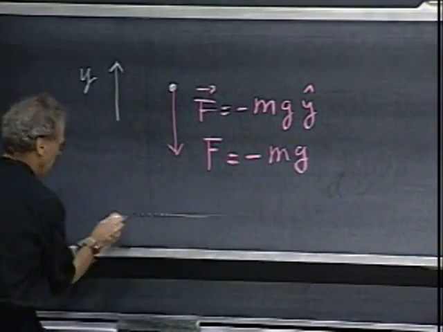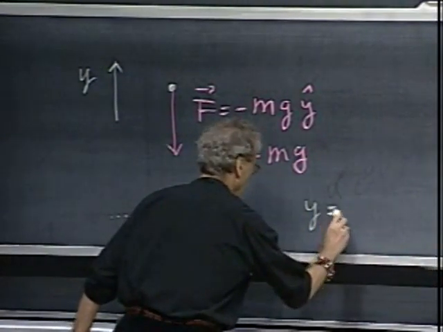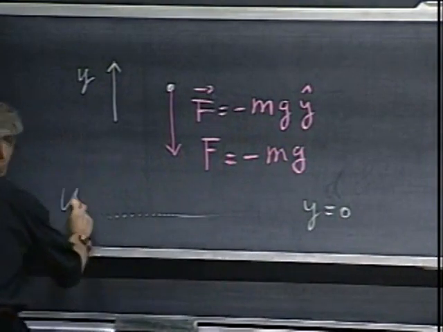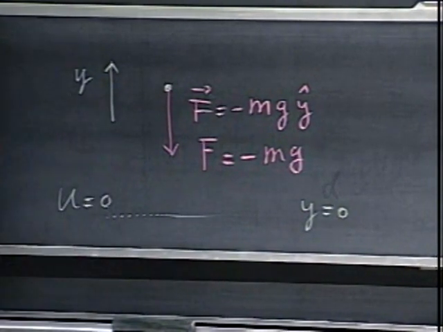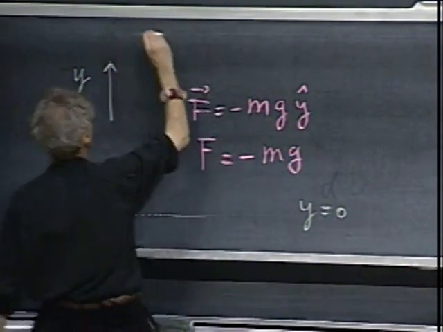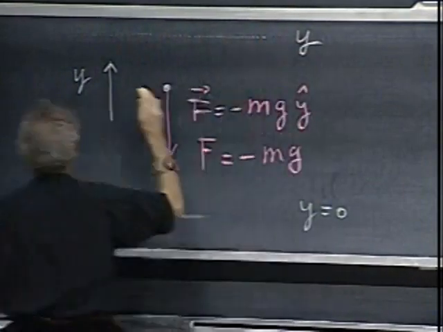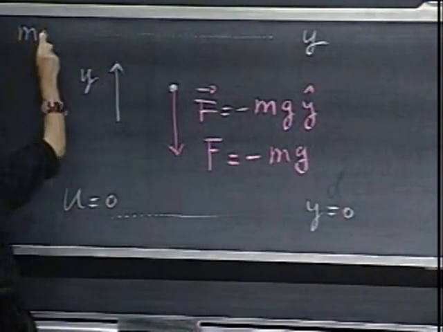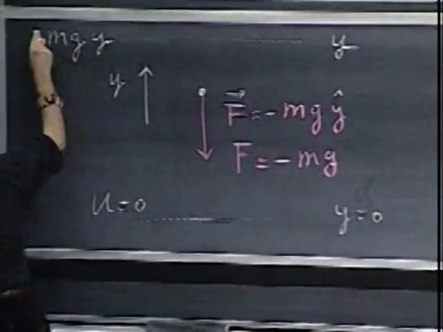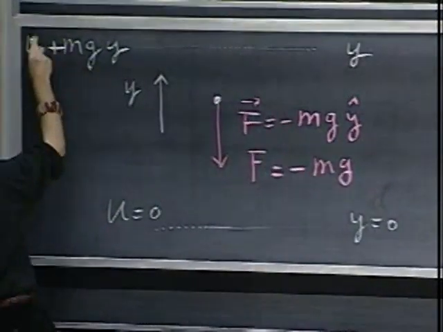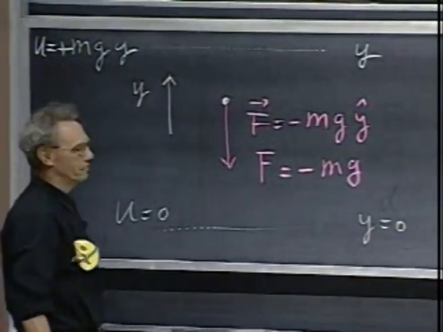If this level here is y equals 0, then I could call this gravitational potential energy 0, and this is y, then the gravitational potential energy here equals plus mgy. This is u.